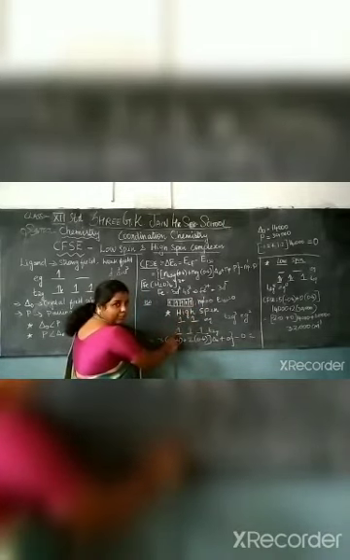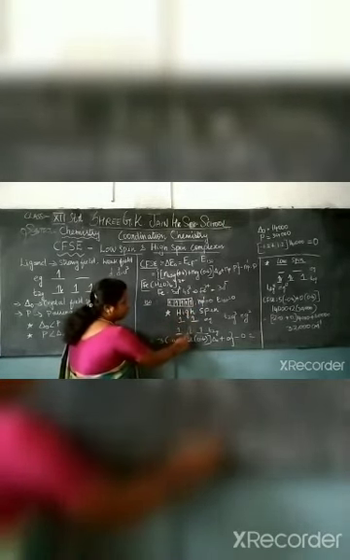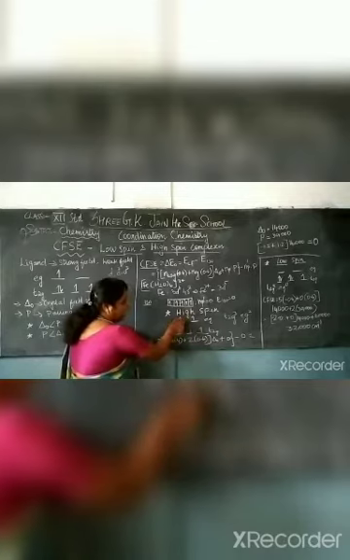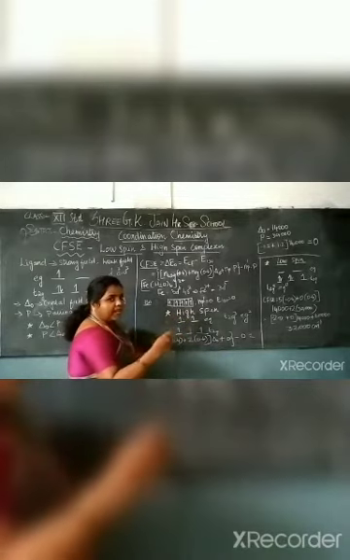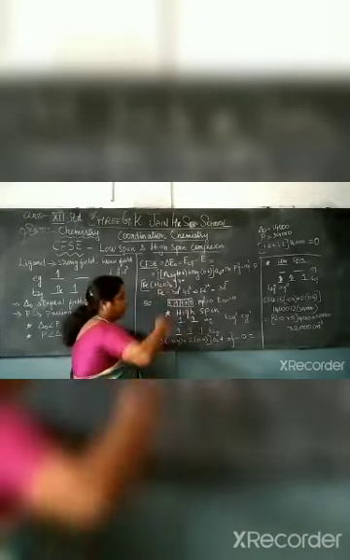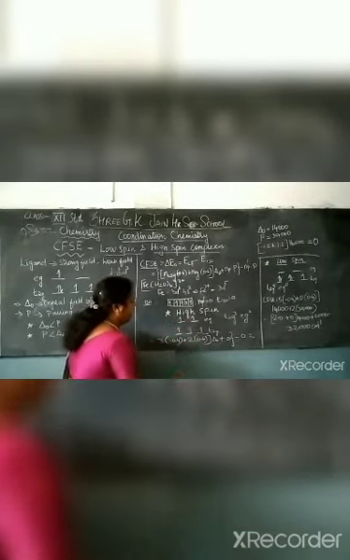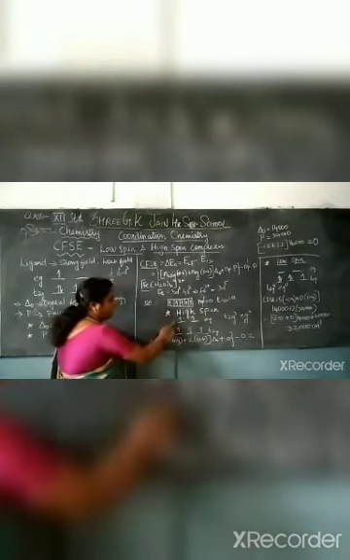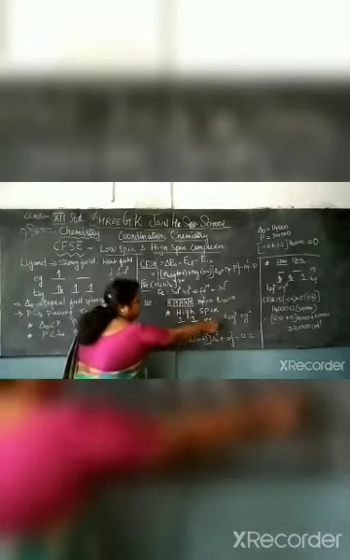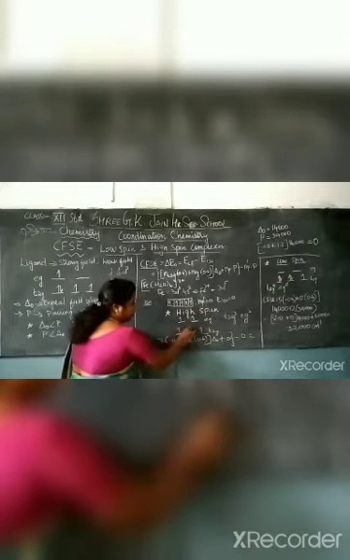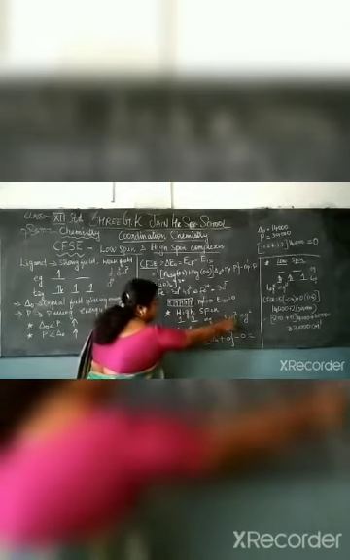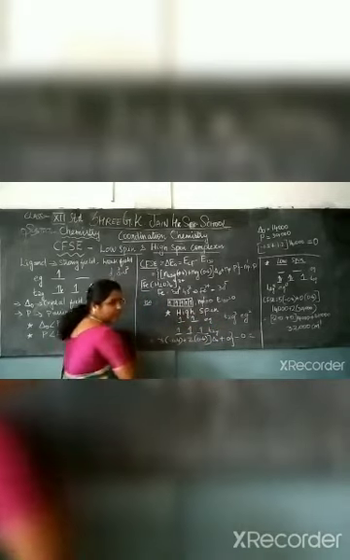Start with t2g: 1, 2, 3. Then it is a high spin configuration, so the remaining electrons move to the eg: 1, 2. So totally 5 electrons have been filled. What is the configuration for the high spin? t2g3, because 3 electrons have been filled, and eg2, because 2 electrons have been filled.